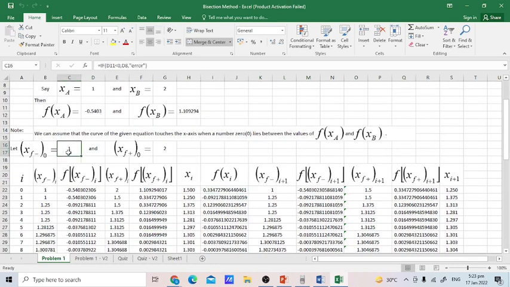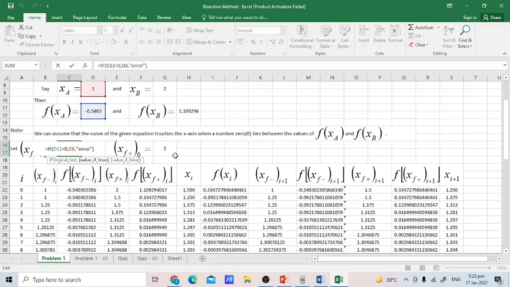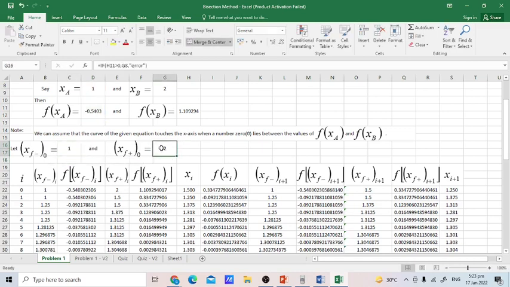Okay. So, gumamit ako ng if condition. Ayan. So, nasa diskarte nyo paano nyo gagawin. No? Okay.